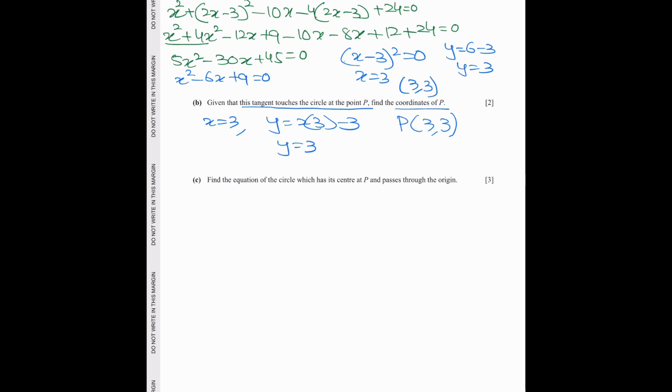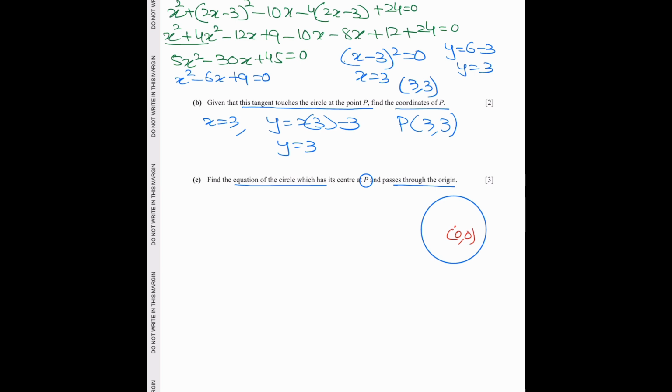Part C. Find the equation of the circle which has its center at P and passes through the origin. Now you have to find the equation of the circle, and this is the origin 0 0.